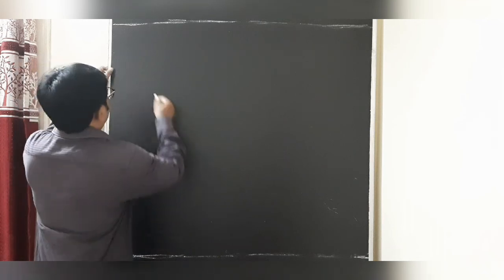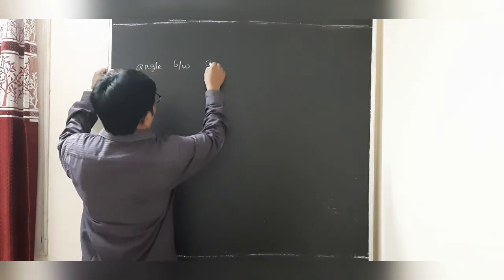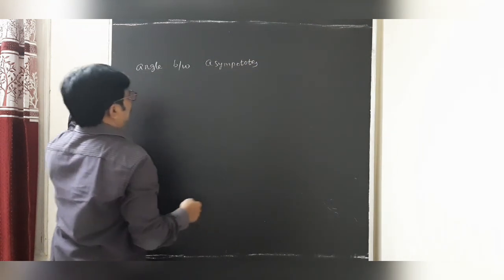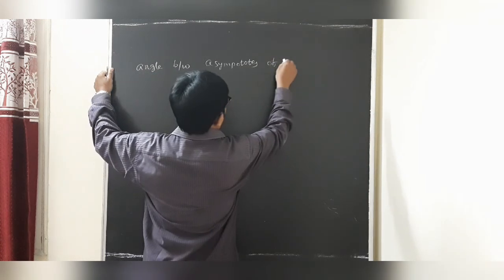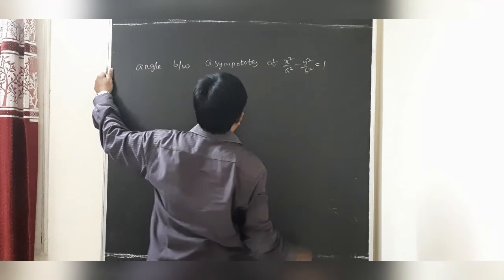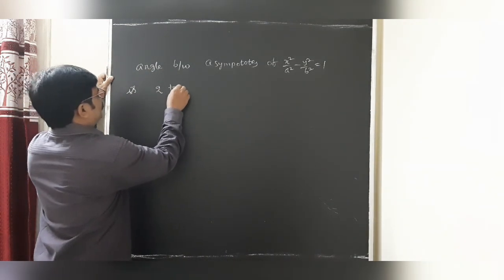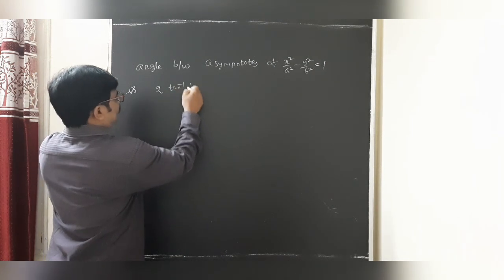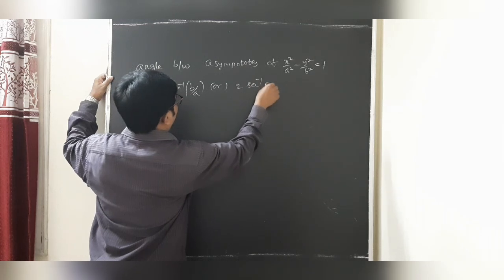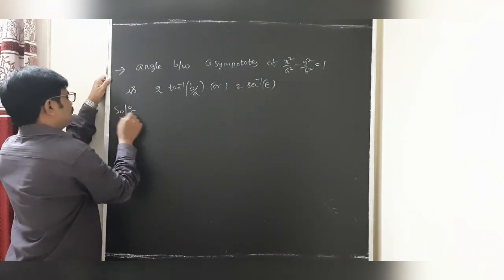Now students, the angle between the asymptotes of the hyperbola x square by a square minus y square by b square equal to 1 is 2 into tan inverse of b by a, or 2 into secant inverse of e.